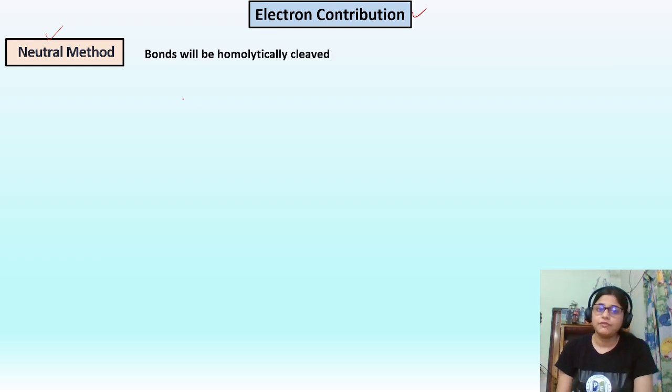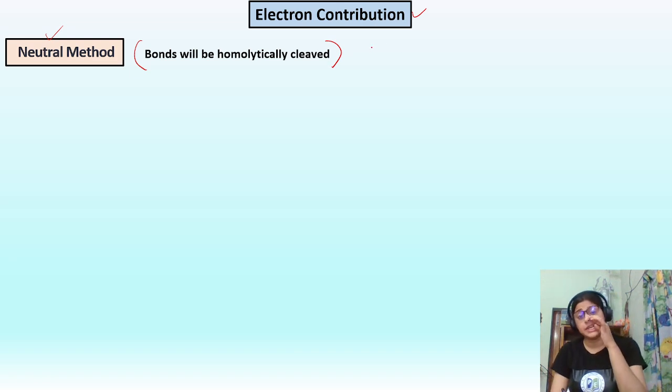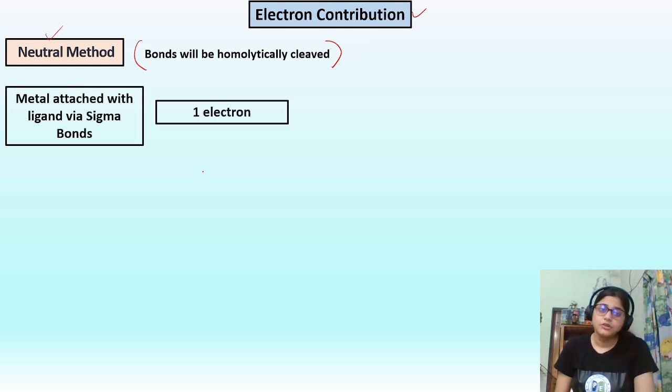In the neutral method, bonds are homolytically cleaved. Metals are attached with a ligand or carbon via sigma bonds. We know coordinate bonds are there, but as a result it is a sigma bond, right? We can think of a sigma bond only, and the electronic contribution will be one electron.